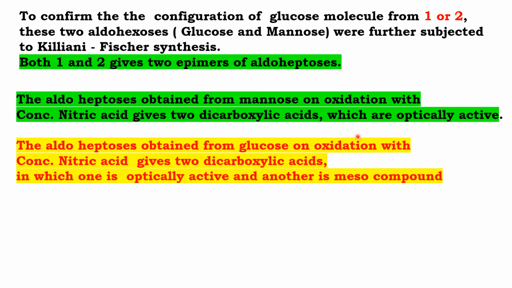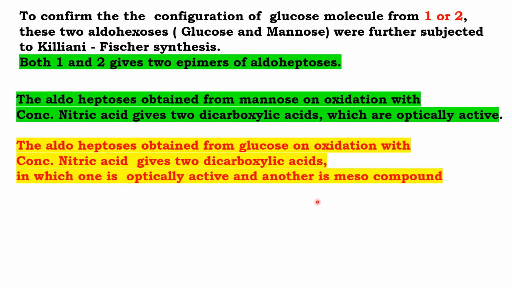So if structure 1 is mannose, the aldoheptoses obtained from structure 1 on oxidation with nitric acid give dicarboxylic acids which are optically active. Now, if the aldoheptoses obtained from glucose are subjected to oxidation, they will give you two isomers. One is optically active and another is a meso compound.